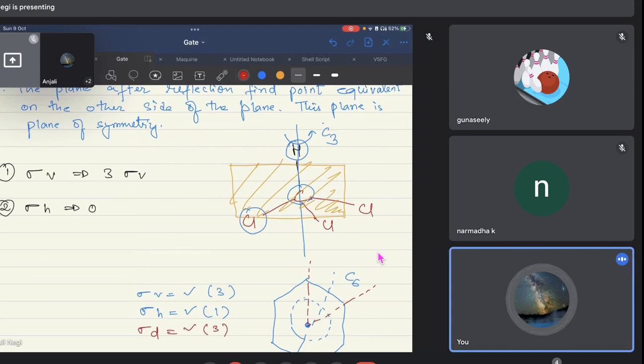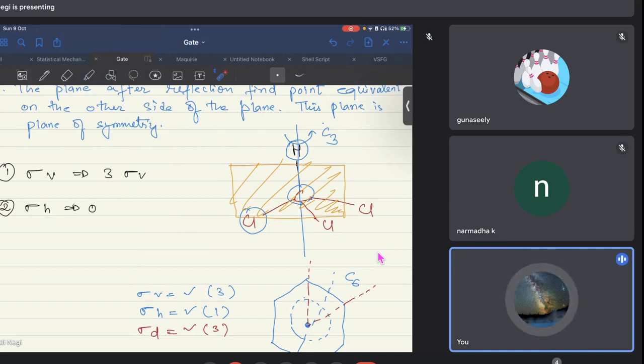The two points which are reflecting are this Cl and this Cl, okay, and this sigma v will be... so 1, 2, 3, these three atoms in one plane, so that will be one sigma v, and another 1, 2, 3, these three in one, and 1, 2, 3, these three in one, so in total we will have 3 sigma v mirror planes present in this particular molecule.